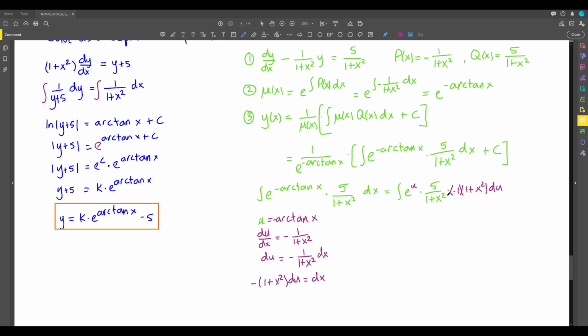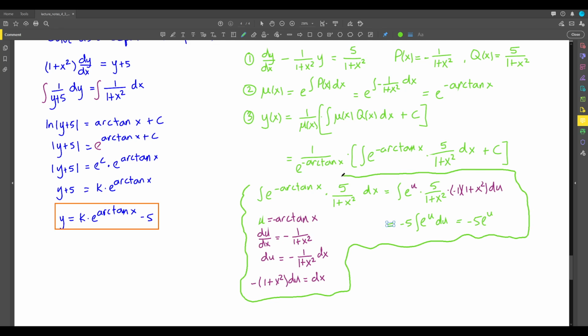Now the 1 + x² cancels out, and we're then left with the integral of negative 5 e to the power u du. And the antiderivative of e to the power u is e to the power u, so we get negative 5 e to the power u. Okay, so that was a way to find what this integral was.